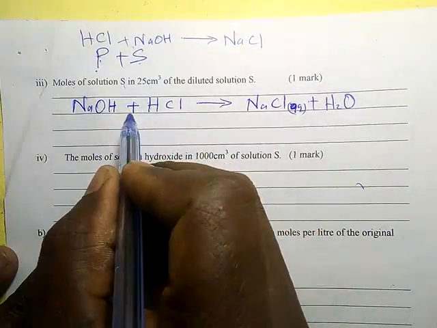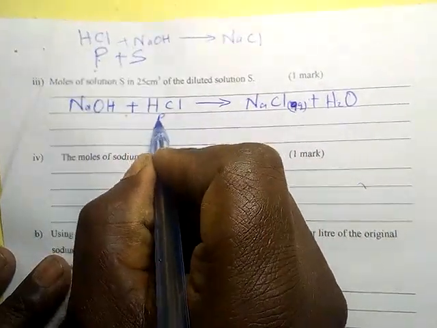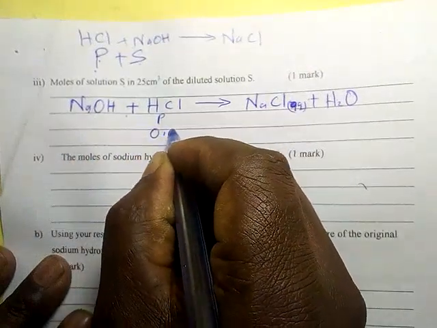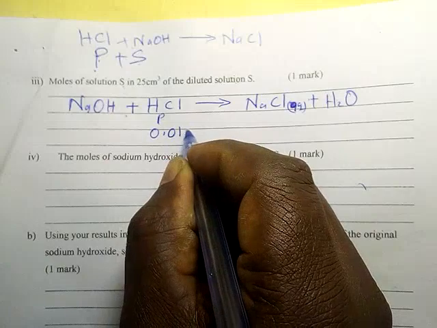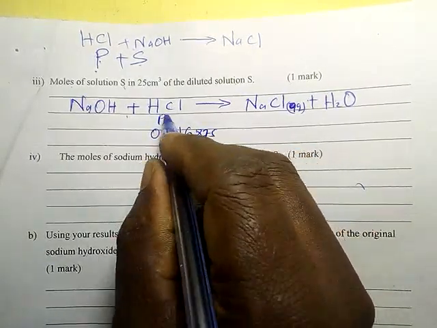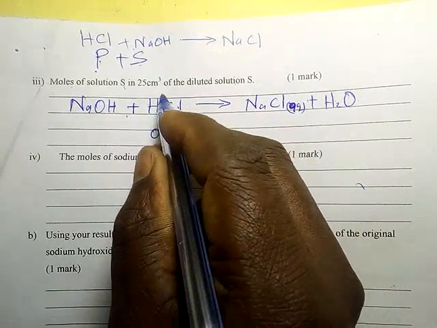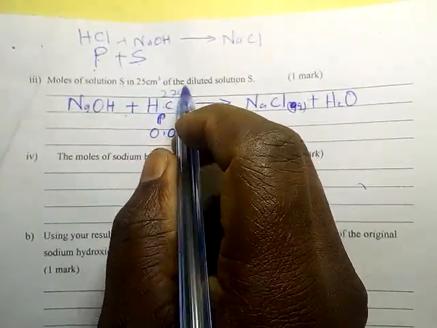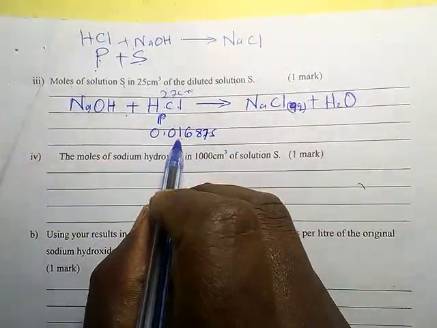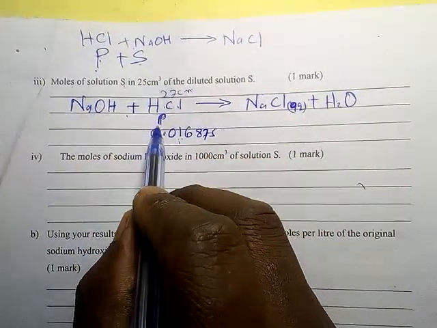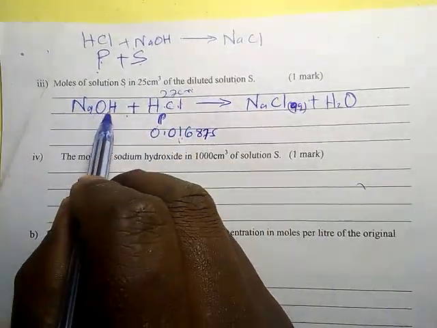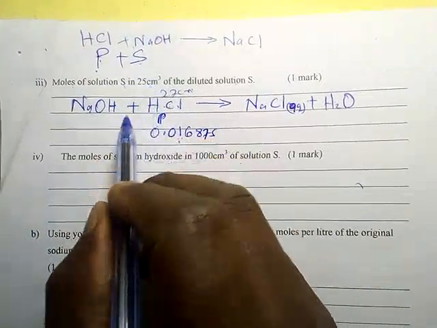But we have the number of moles of P that reacted with this, which is 0.016875. This is the number of moles of P, HCl, which was 27 centimeters cube. But the reaction ratio is 1:1, meaning that the number of moles ya HCl itakuwa equal na number of moles of sodium hydroxide in 25 yenye ilitumika.